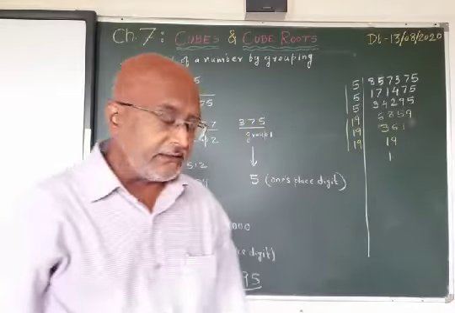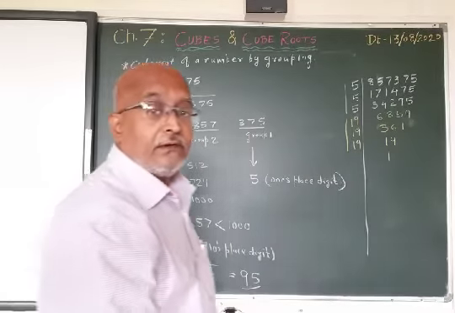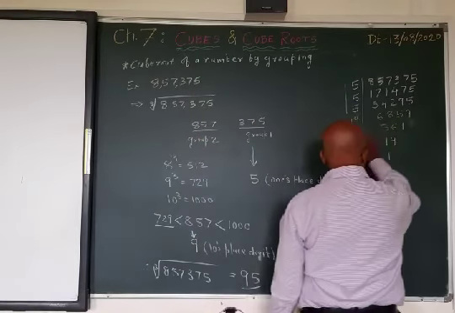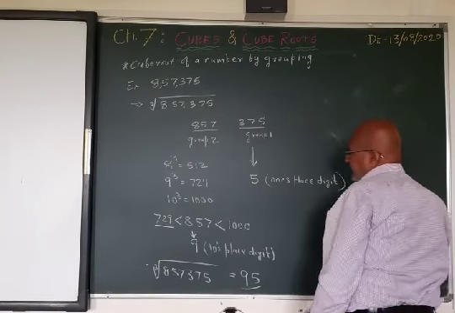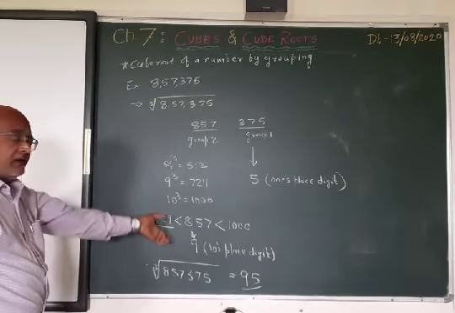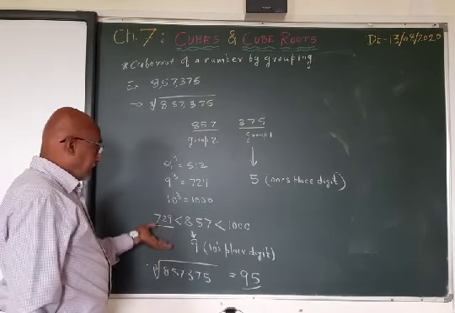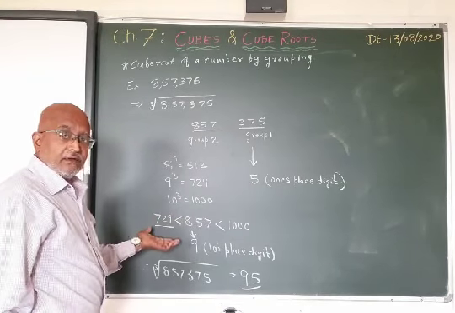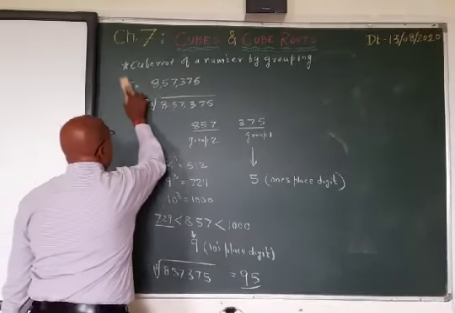So 19 fives are 95. So we have tallied that what we have done is right. This is the cross checking. So this is one of the methods, but it is a very rare method, because for very large numbers we can use this method.